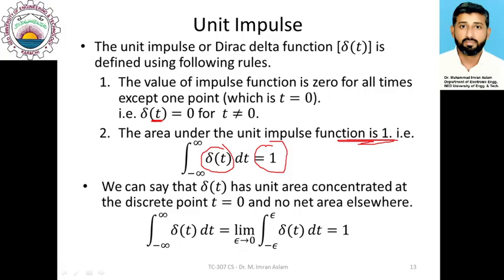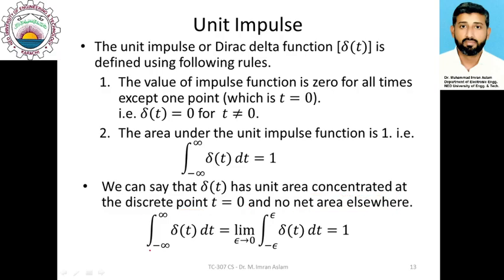So if we integrate delta(t), we get 1, or the area under the curve is equal to 1. Combining these two points, we can say that delta(t) has unit area, and that area is concentrated at only one point, which is t equal to 0, and there is no net area elsewhere. So the entire area is concentrated at one point, which is t equal to 0.